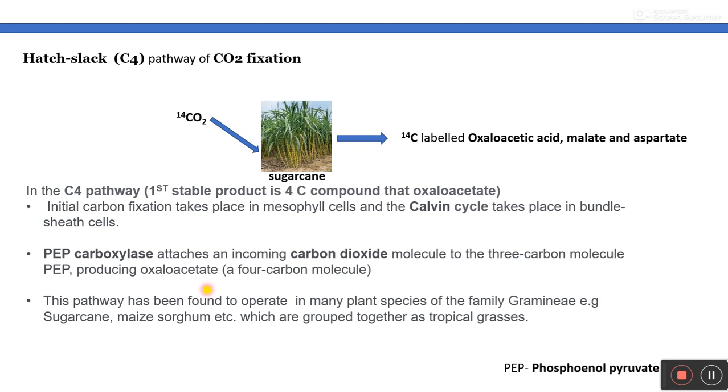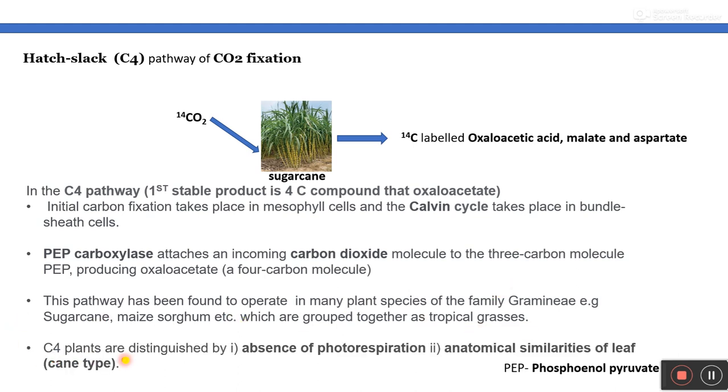This pathway has been found to operate in many plant species of the family Gramineae, for example sugarcane, maize, sorghum, etc., which are grouped together as tropical grasses. C4 plants are distinguished from other plants in two ways. First, C4 plants generally don't have the photorespiration process, so they are considered photosynthetically efficient plants.